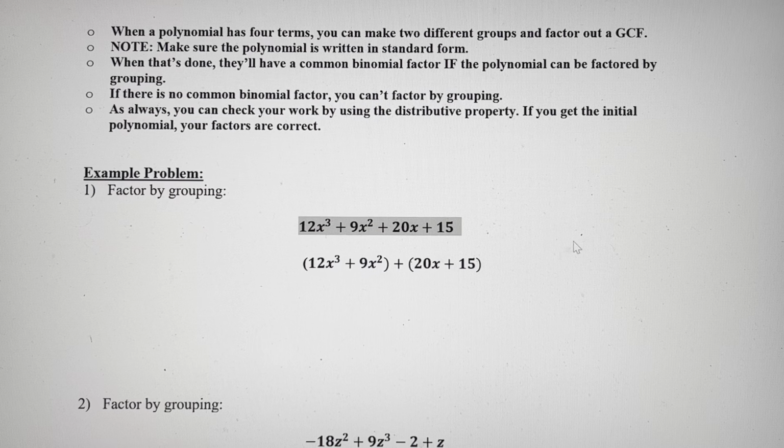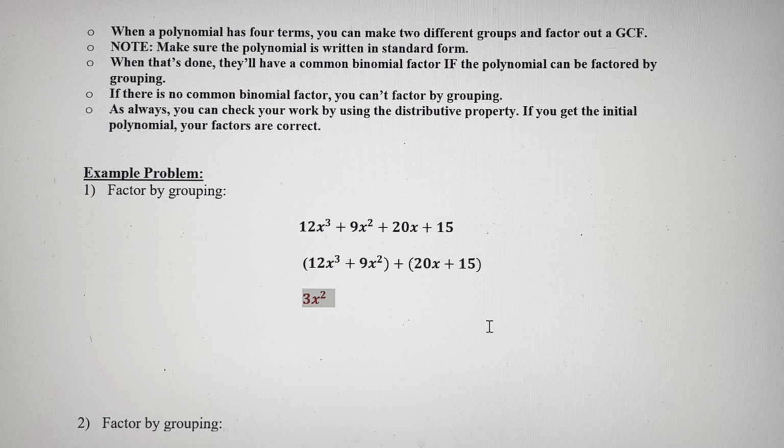Okay, so in number 1 here, we've already grouped the first 2 terms together and the last 2 terms together. So 12x cubed and 9x squared. Let's think about the GCF there. The 12 and the 9 are both divisible by 3. The x cubed and the x squared, they're both divisible by x squared. So my GCF for this first set of terms is 3x squared, okay?